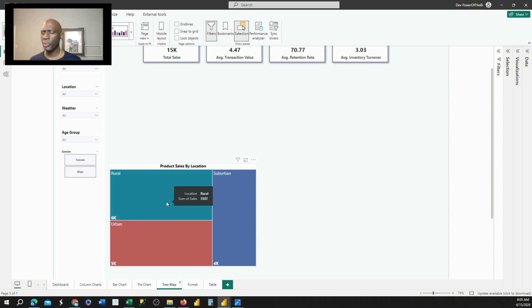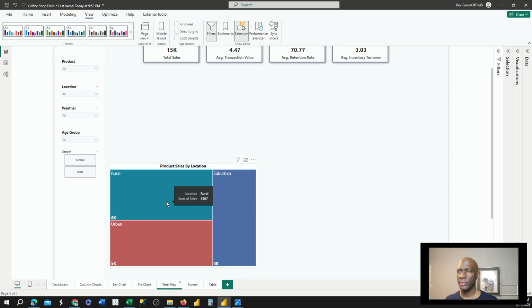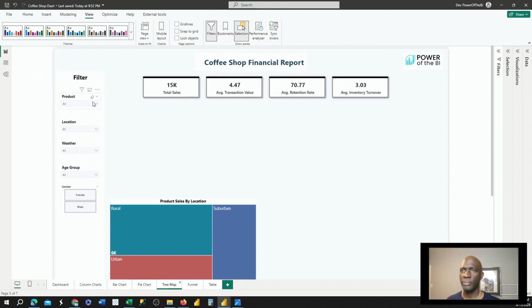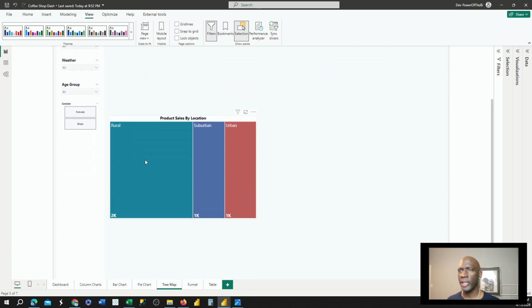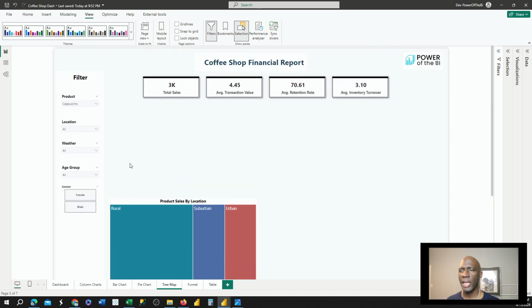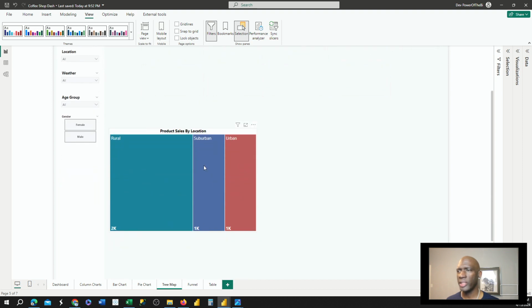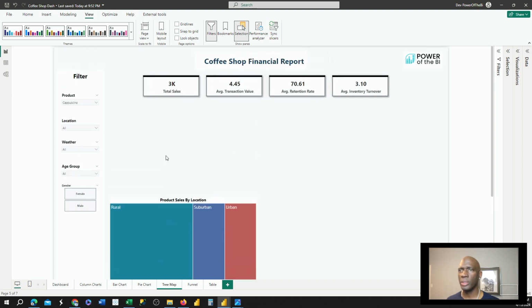Now, we would use the tree map very similar to how we use the donut chart, by selecting which products are being sold at each one of those locations. And we see that in the rural location, the cappuccino is sold more than the suburban or the urban.